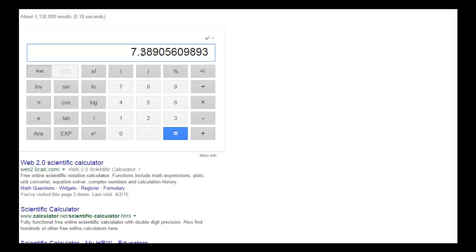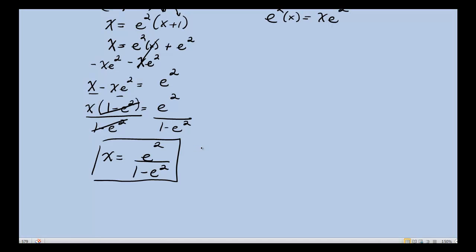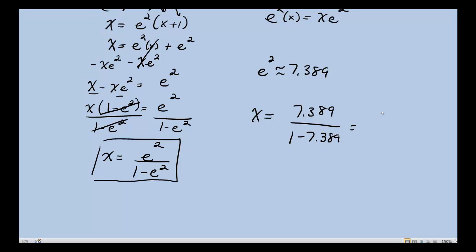Notice that's going to be approximately 7.389. So e to the second power is 7.389. If we go back to this, I recognize that e squared is approximately 7.389. So x is really equal to 7.389 all over 1 minus 7.389, which will give me 7.389 all over negative 6.389.